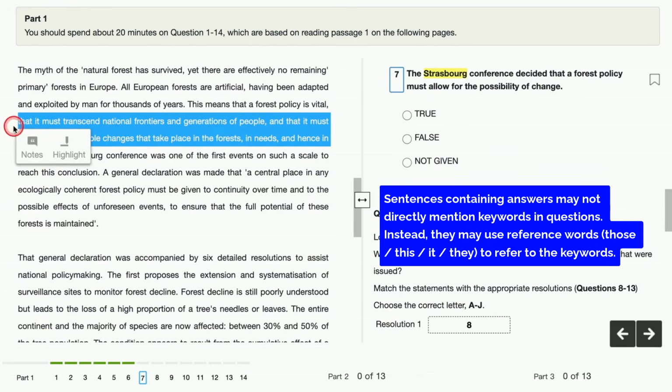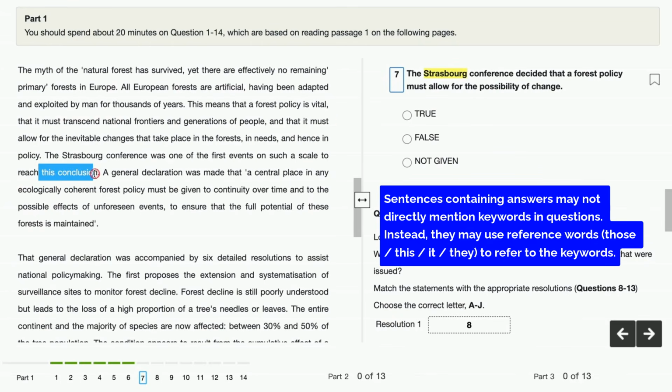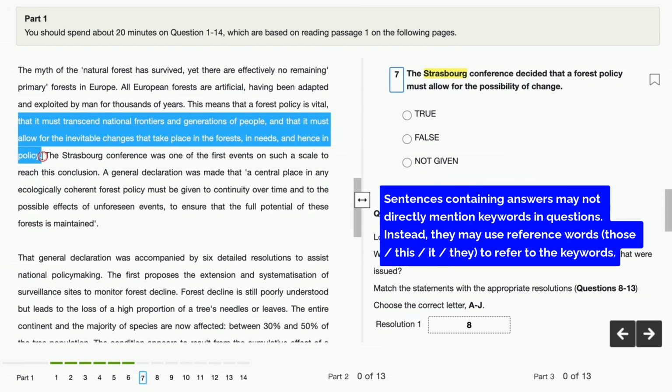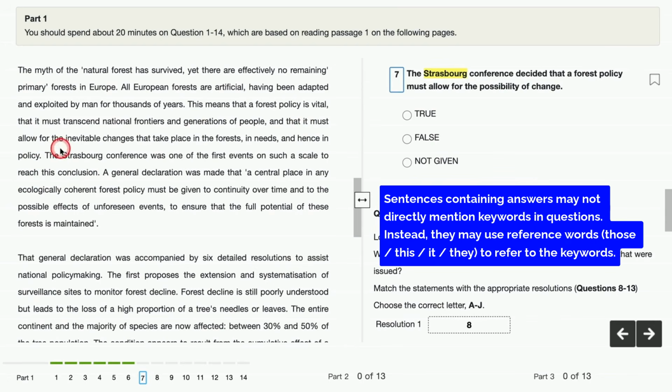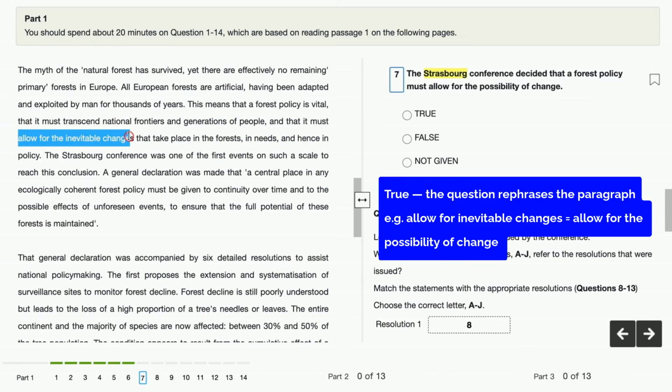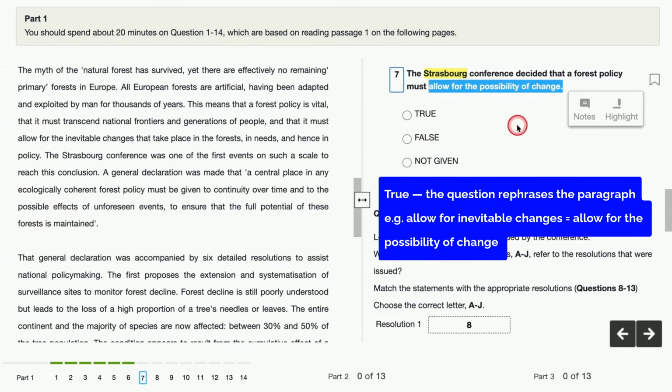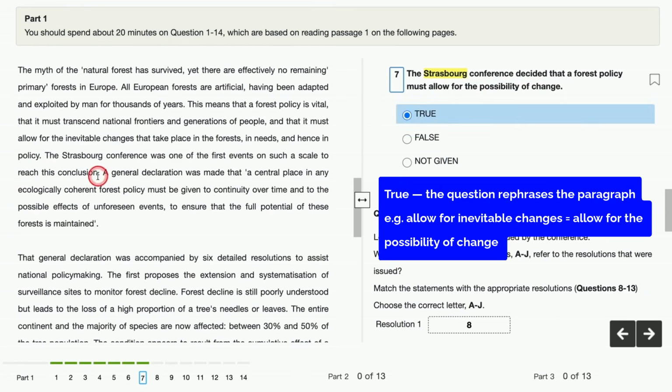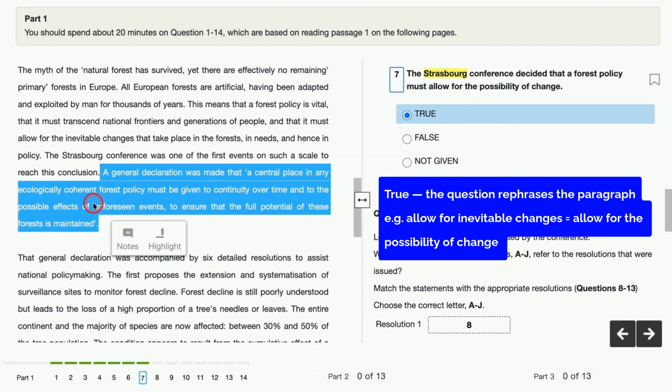So if we read backwards, we will know that this conclusion refers to the conclusion of this: it must allow for the inevitable changes that take place in the forests, in needs, and hence in policy. Allow for the inevitable changes means the same as allow for the possibility of change, right? So the answer is true. The rest of the paragraph also talks about the policy allowing for the possibility of change, but we are not going to read it in this video.